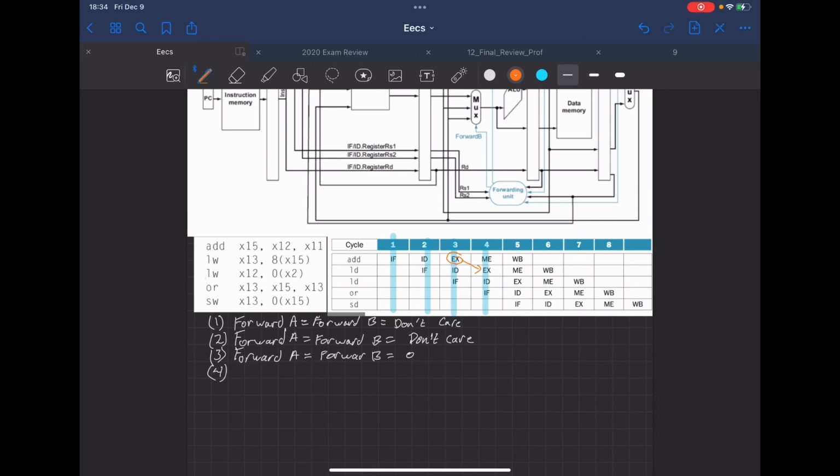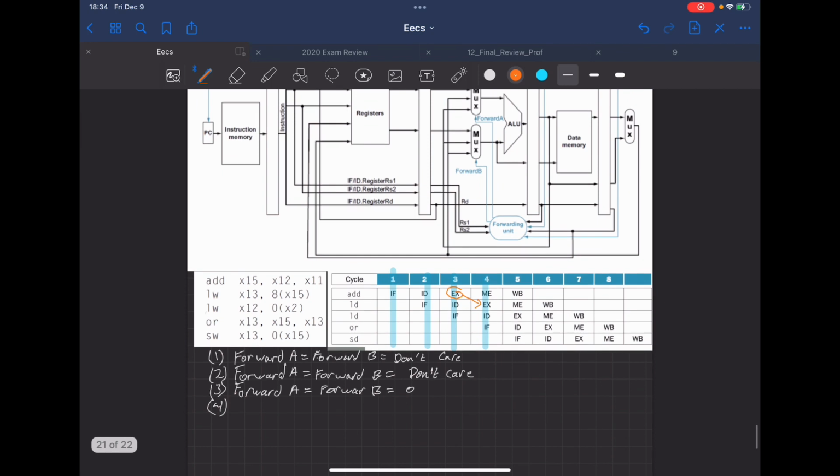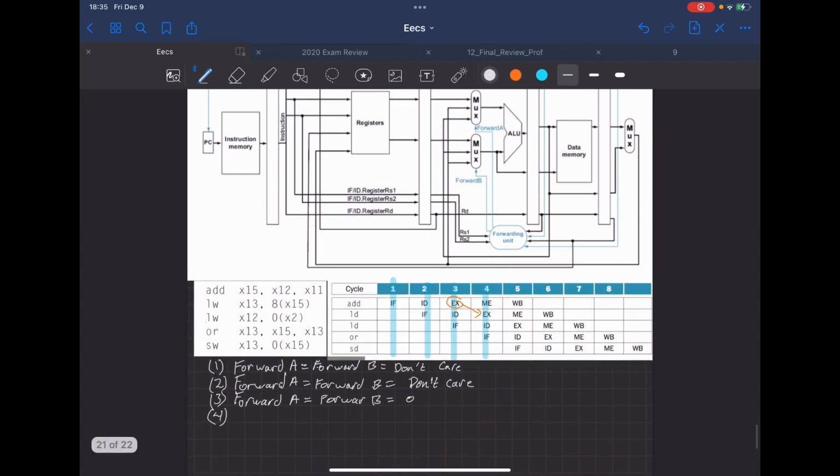Since we know that one of our two muxes will be required, we will have to send a forward signal to one of the two muxes. Now, which of the two?